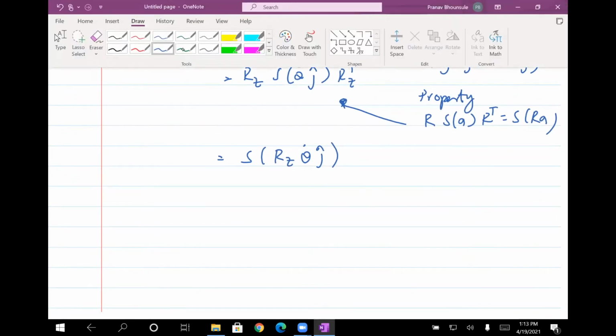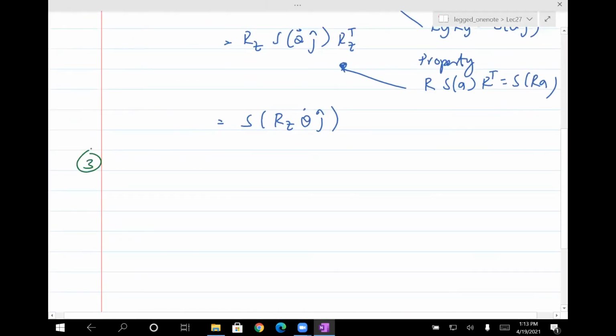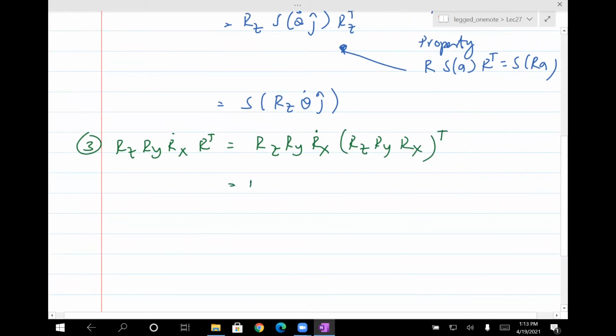And then finally, the third term, I'll write down first, which was Rz Ry Rx dot times R transpose. So I'm going to expand that R similarly. Rz Ry Rx transpose, Rz Ry Rx dot. And now I flip all these things, Rx Ry Rz transpose.